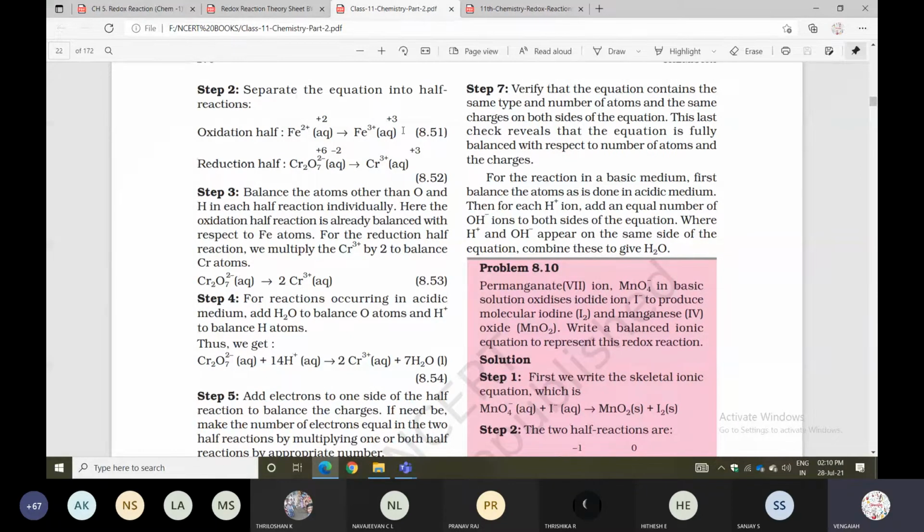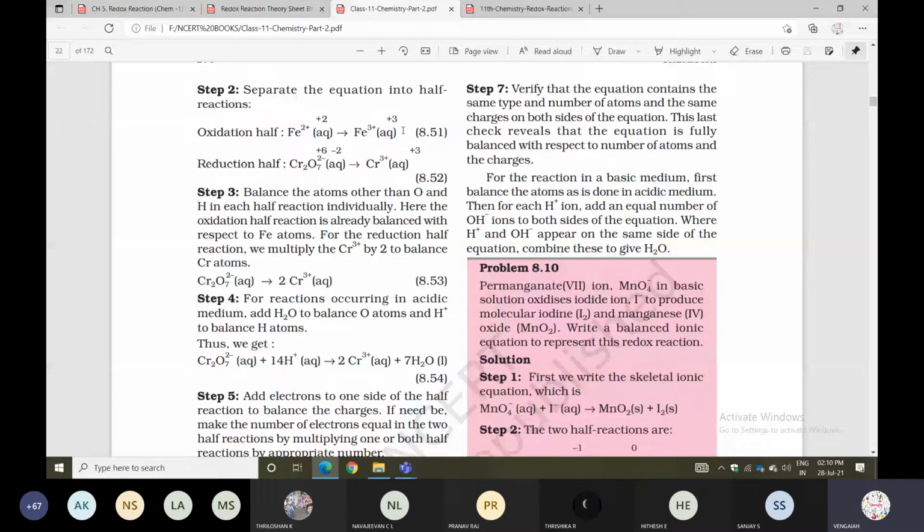For the reduction half reaction, we multiply the chromium plus 3 by 2 and balance the chromium. On one side we have 2 chromium, on the other side only 1 chromium, so those can be balanced with a 2.